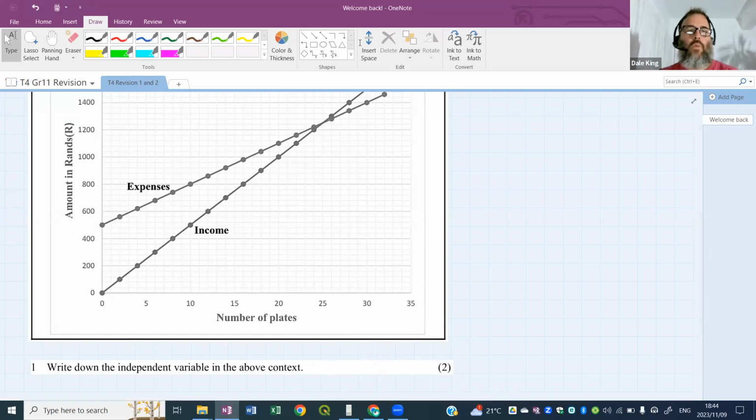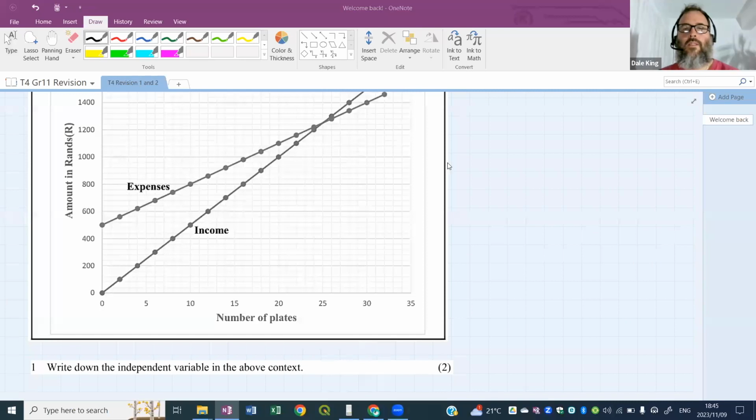Anybody out there that can explain which one is the independent variable in this scenario? Oh, it's crickets. No one out there wants to explain which one is dependent or independent.